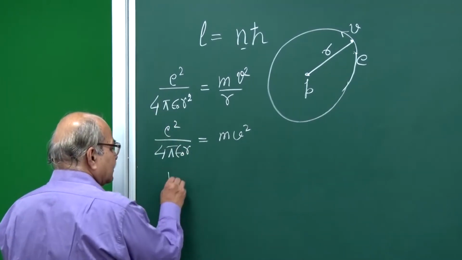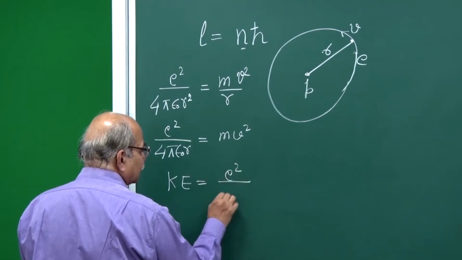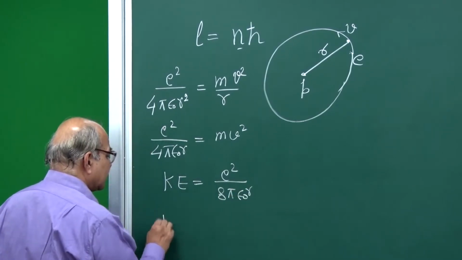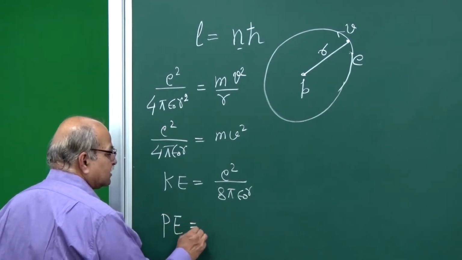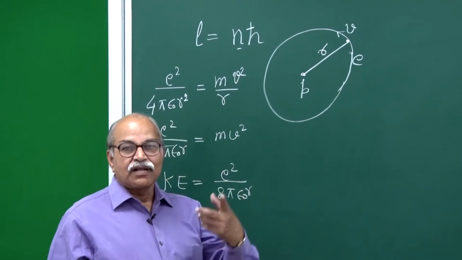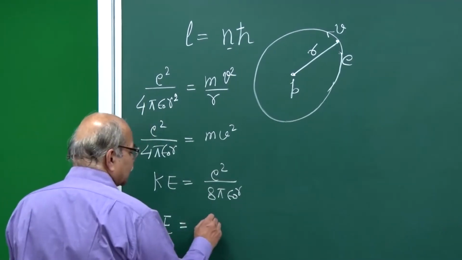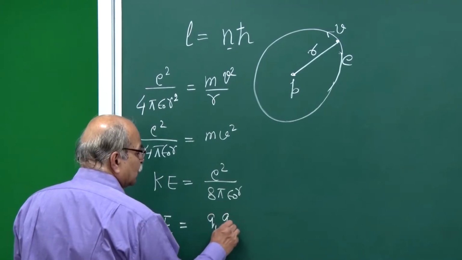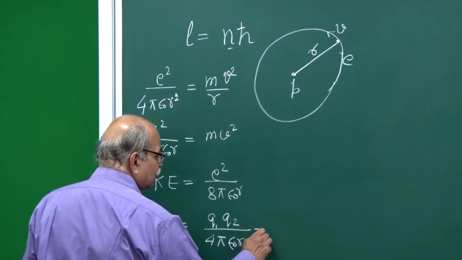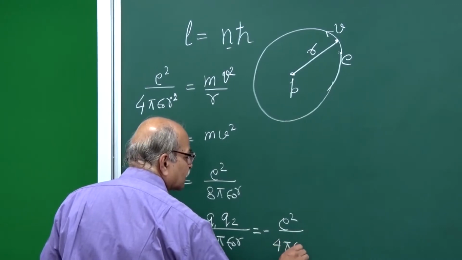So, you can write kinetic energy, half m v square, in terms of r. Kinetic energy is half m v square, which is e square over 8 pi epsilon naught r, and potential energy is q1 q2 divided by 4 pi epsilon naught r. Here the electron has negative charge and the proton has positive charge, so this potential energy is minus e square over 4 pi epsilon naught r.